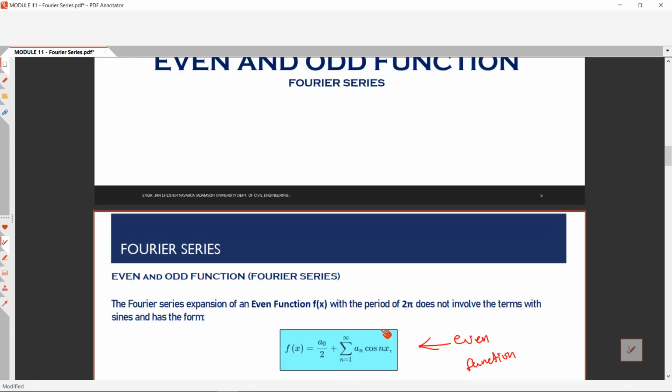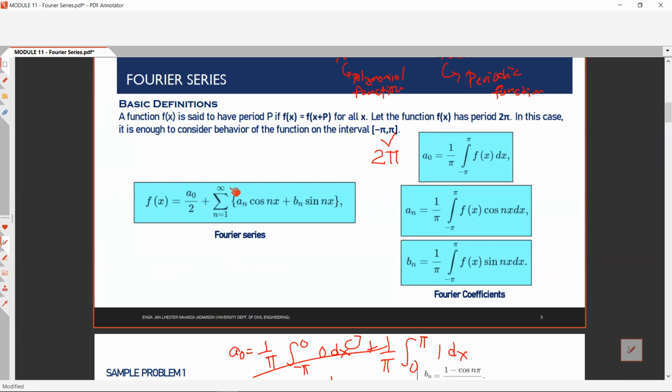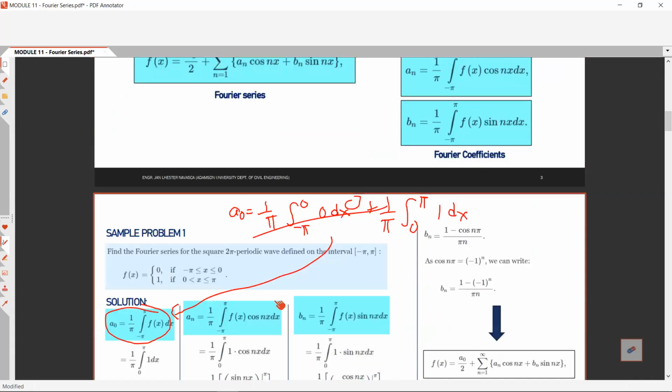Okay? So ang mangyayari kasi kapag even function, 'di ba ito yung original Fourier series natin. Pag even function, yung b sub n sine of nx will always give you 0. Then you have your a sub 0 over 2.